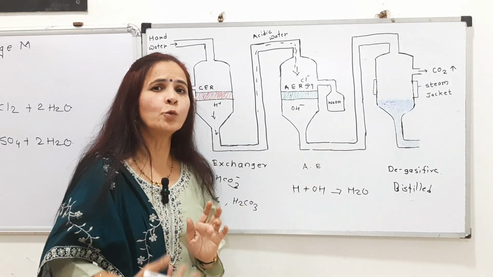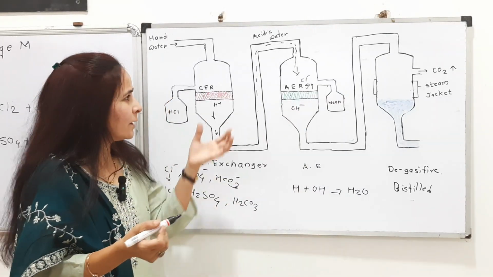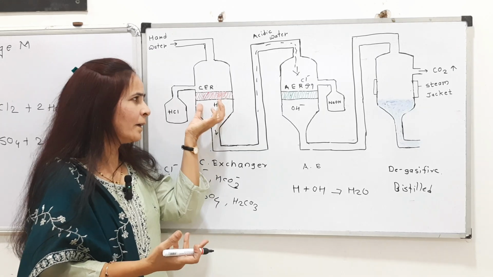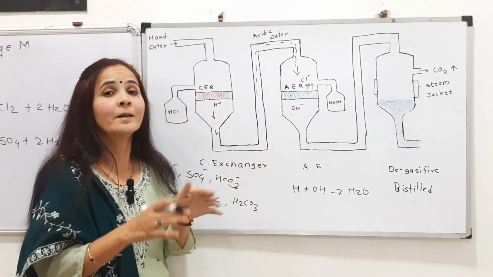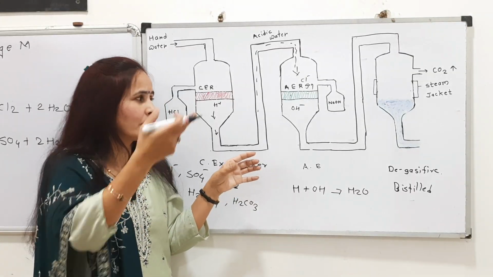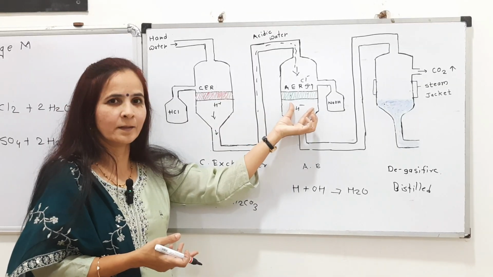Why is there a need to regenerate the resins? Because after long-term use, the H plus ions and OH minus ions of the resins get exhausted. That's why we need to regenerate the cation exchanger resin and anion exchanger resin.